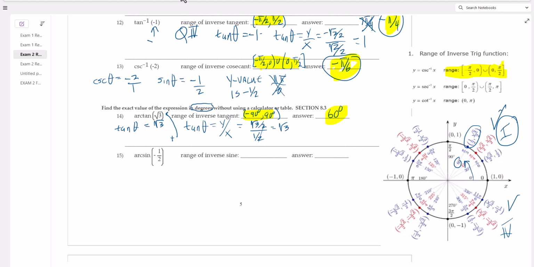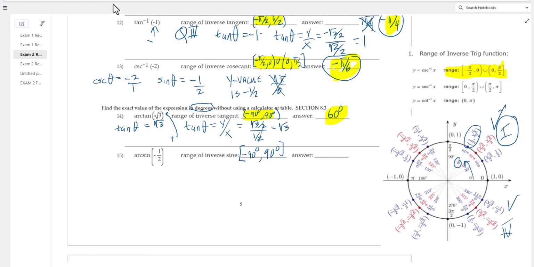Okay, next problem. The range of an inverse sine, arc sine meaning the same thing, is negative 90 degrees to 90 degrees. One thing is that you have a negative this time.